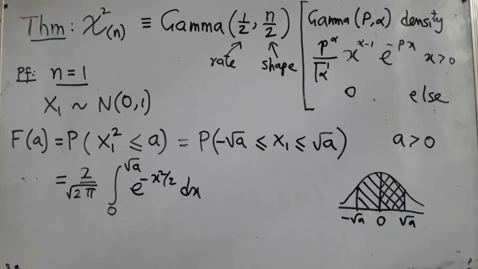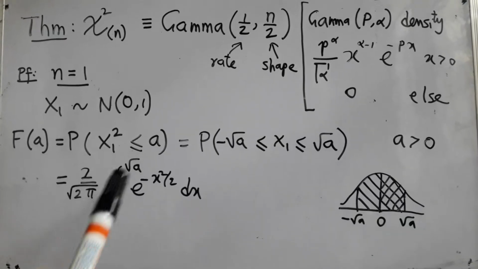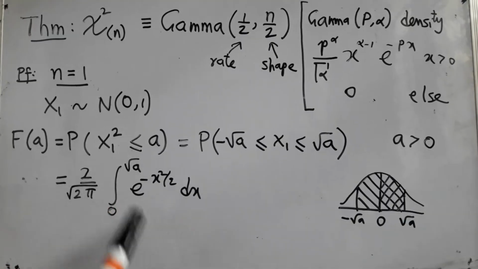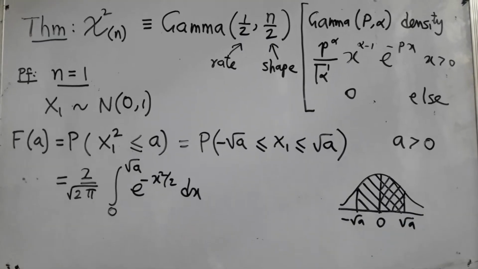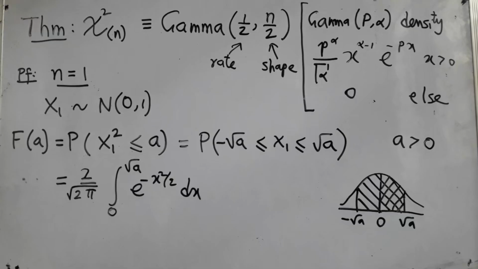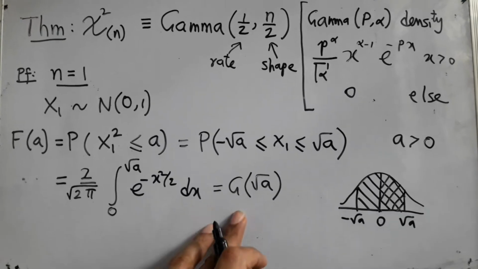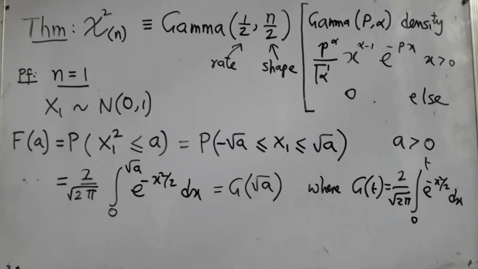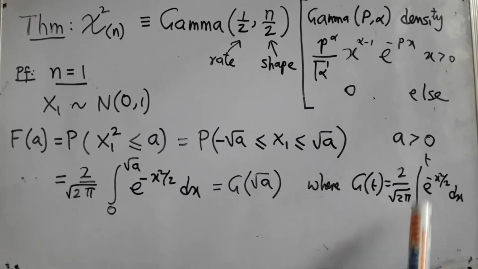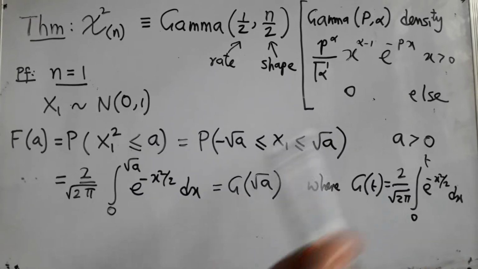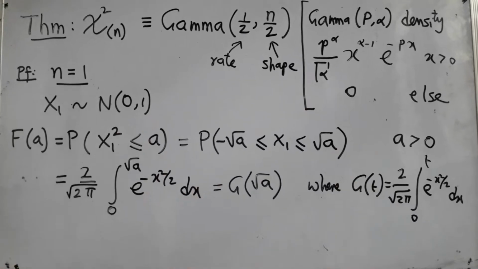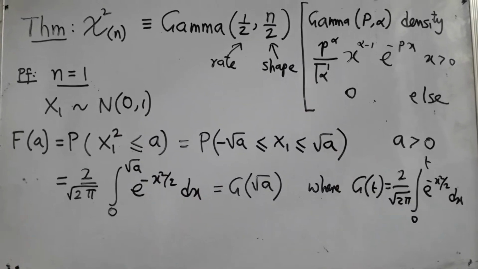My next plan is to differentiate it with respect to a. This a occurs upstairs. The problem is it occurs at root a. So it will help if I write it as g of root a, where g is the integral from 0 to t of the normal density times 2. Now I can differentiate f by using chain rule.